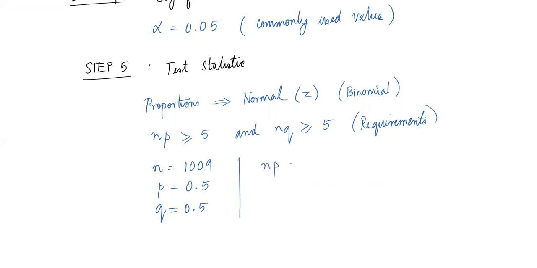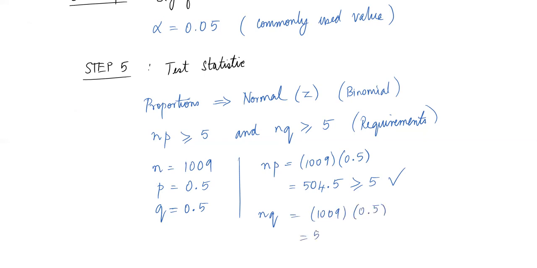So N times P, you can already see that it's going to work. Nevertheless, I do have a calculator by the side, so I am doing the calculation. It's a good idea for you to pause and do the calculation yourself. It's 504.5. We're just looking at the requirements, so this is greater than or equal to 5, so that's good. And Q is also 0.5, so you're going to get the same value.